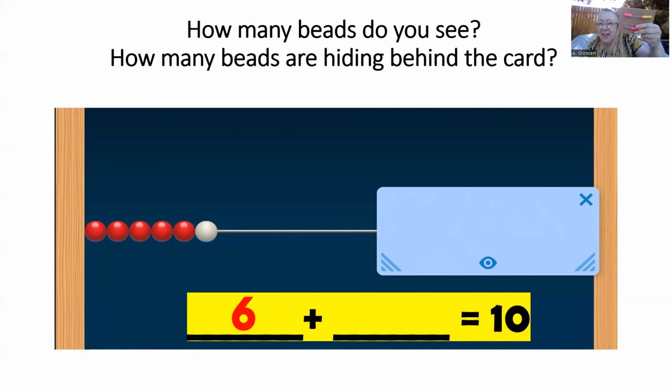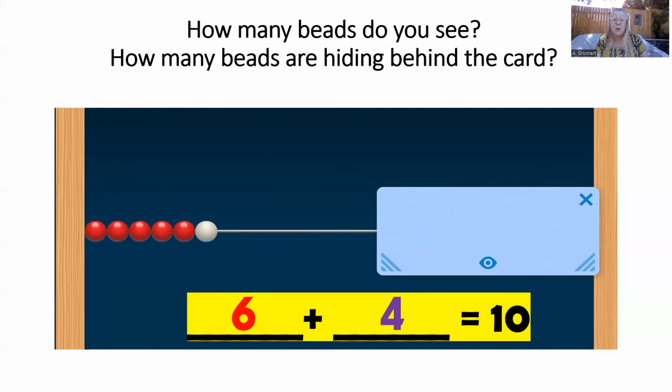How did you know that? That's right. There are 4 more beads that we need. So let's read that make 10 fact. Ready? 6 plus 4 equals 10. Now write that fact down on your paper. You are working so hard.